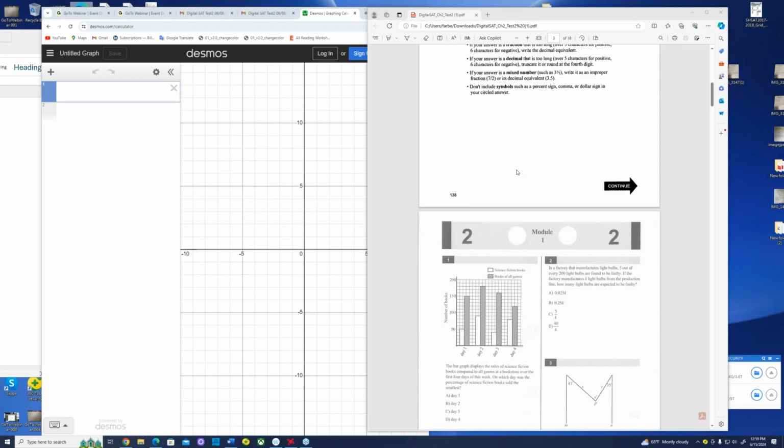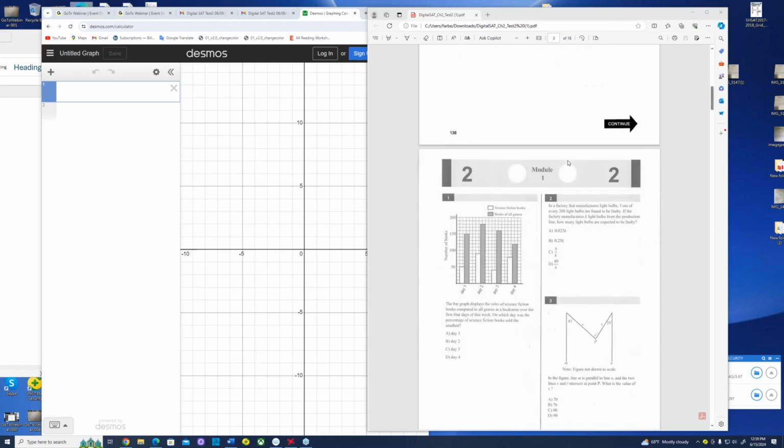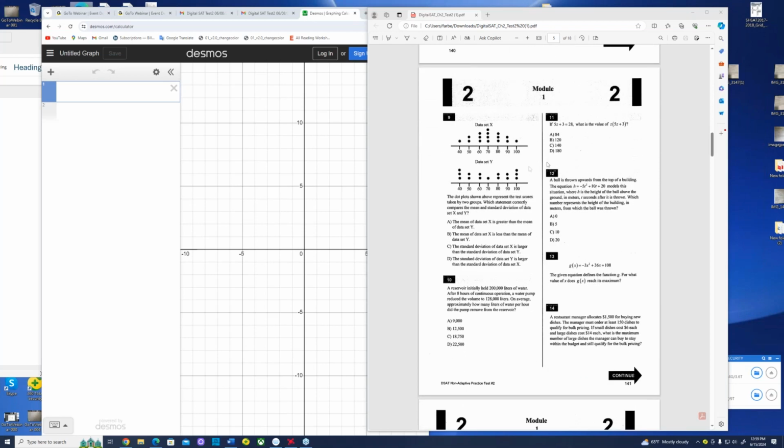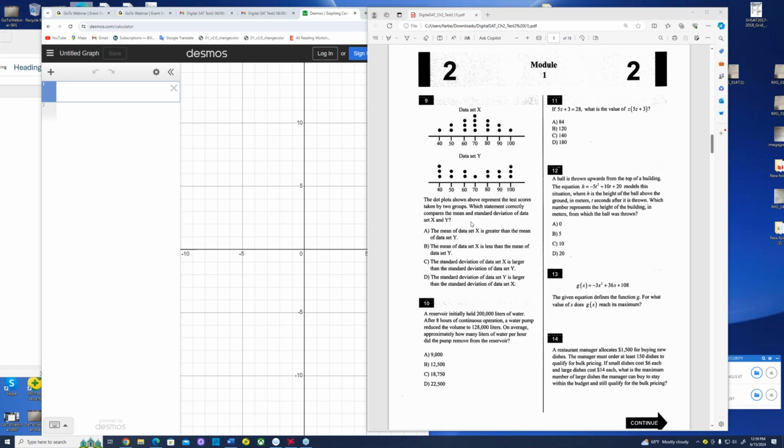So let me start from number 9. What we have in number 9? We have these dots. Okay, we have two graphs, dot plots, right?